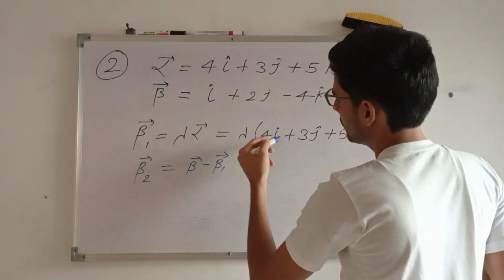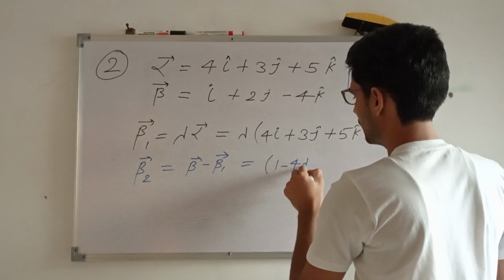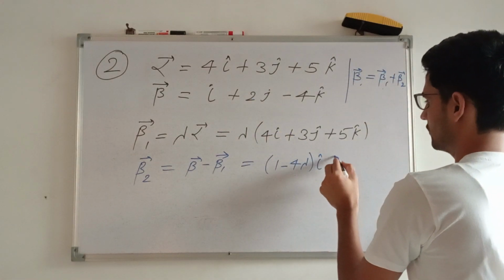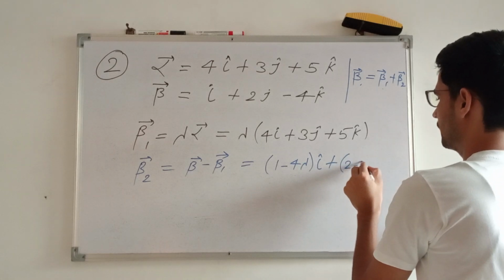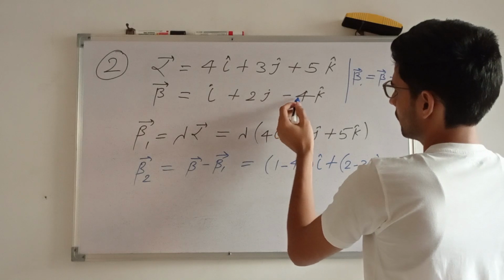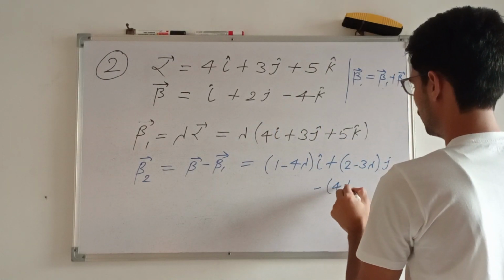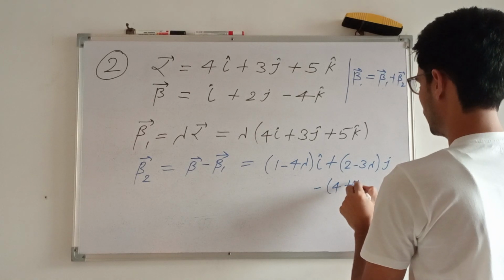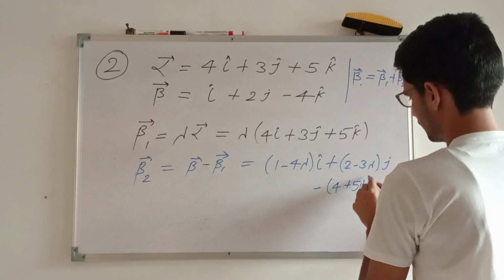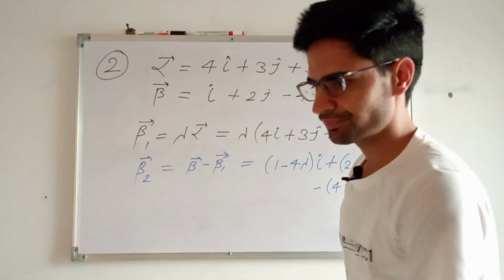Then beta minus beta 1 will be (1 minus 4 lambda) i cap plus (2 minus 3 lambda) j cap minus (4 plus 5 lambda) k cap. This is our vector beta 2.